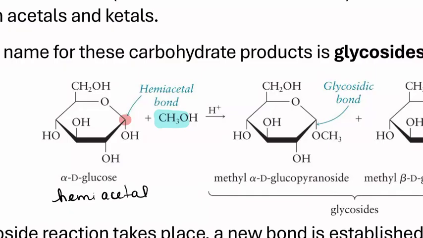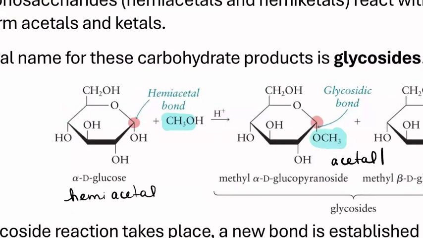So what we observe here is that we change the functional group from a hemiacetal to a full acetal. Because now, let me just highlight the atoms, we added the OCH3 group to the anomeric carbon that we had originally in the alpha D glucose.